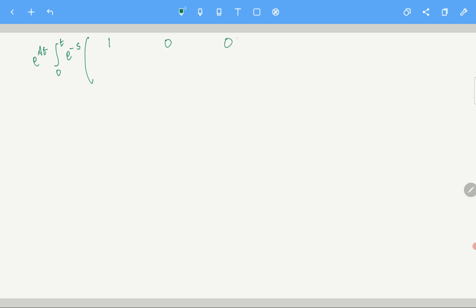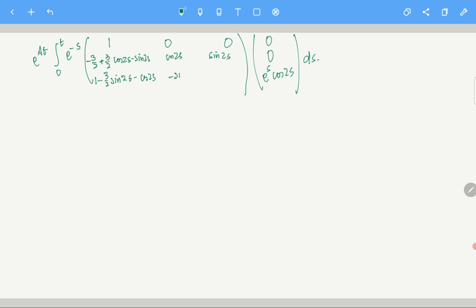1 0 0 times 0 0 e power s cosine 2s ds. And here again I am just writing whatever we just did, but in terms of s: cosine 2s minus sine 2s, and this is cosine 2s, this is sine 2s, and this is 1 minus 3 by 2 sine 2s minus cosine 2s minus sine 2s and cosine 2s.